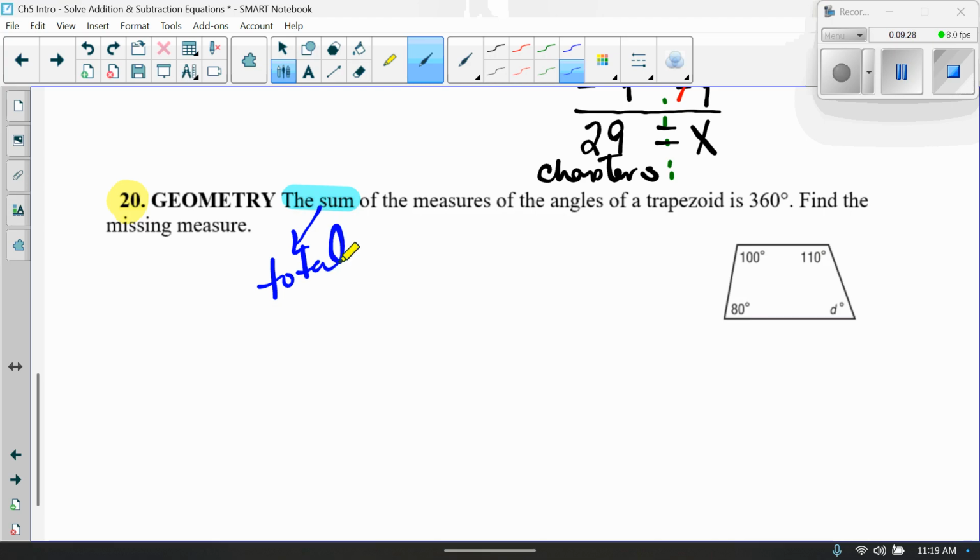Now, what does it say the sum is equal to? The sum of the measures of the angles of a trapezoid is 360. So if you guys, if we add 100 plus 110 plus 80 plus b, that's going to be equal to 360. Is everybody clear? All right.